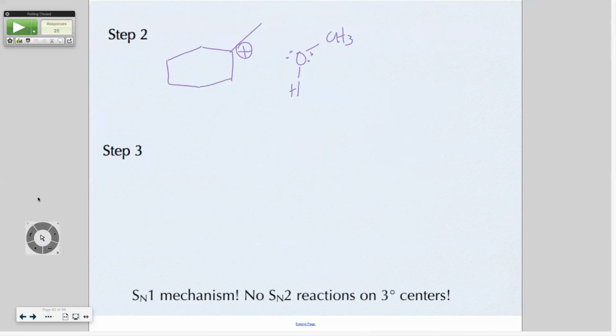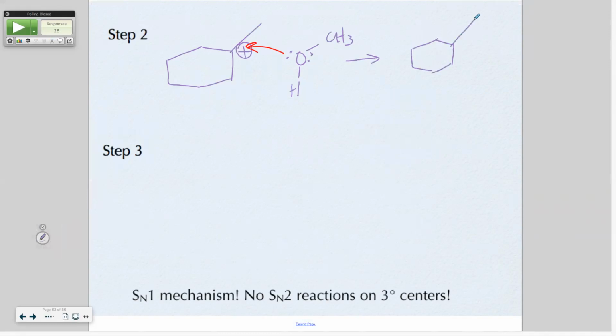Okay, so now I'm going to draw an arrow from the lone pair to the carbocation. Remember that as you draw those arrows, you're always drawing from high electron density to low electron density. All right, so what do I have at the end of step 2?